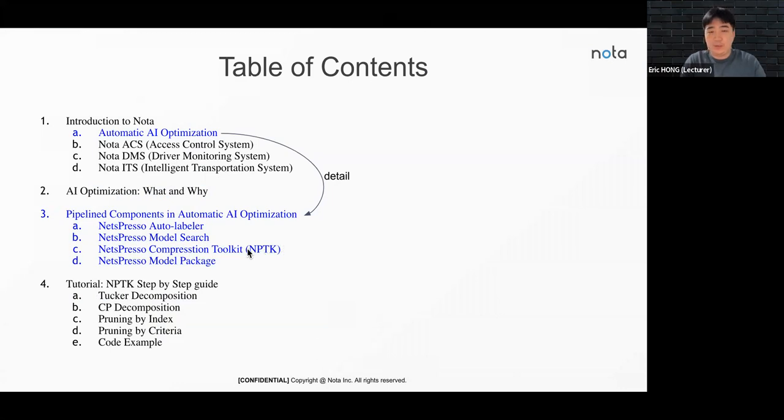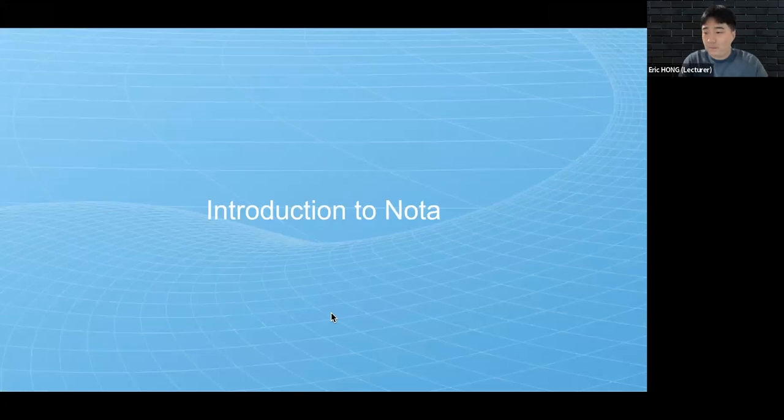And next, I'll explain the significance of AI model optimization. After that, I'm going to explain Nota's core technology in a little more detail. And finally, let's take a look at the Nota suite of services. NPTK is our representative service.